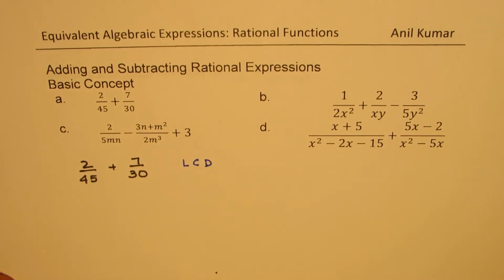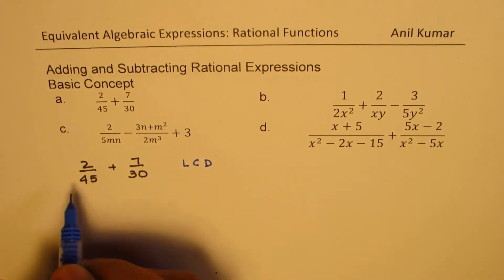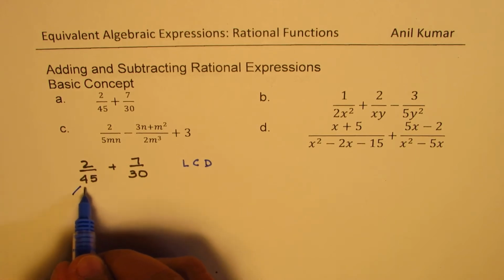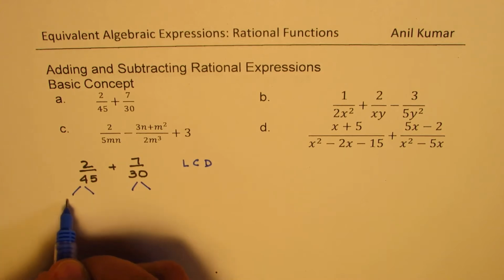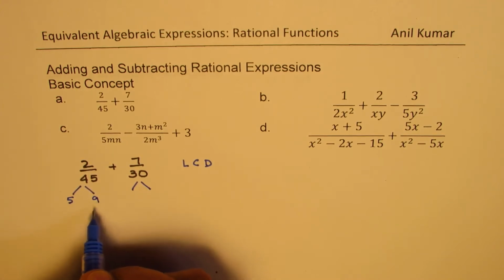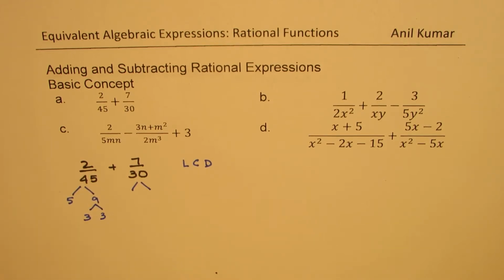How do we figure this out? Well, we can look into the factors of 45 and 30. Now 45 can be written as 5 times 9, and 9 can be further factored, so we get the factors of 3 and 3, right? So for 45 we have these three factors.